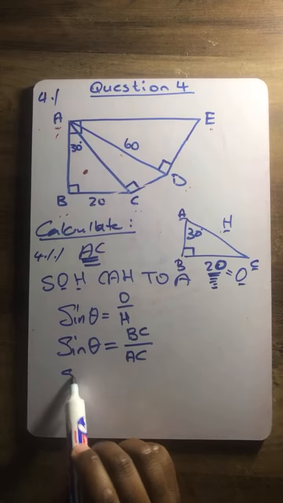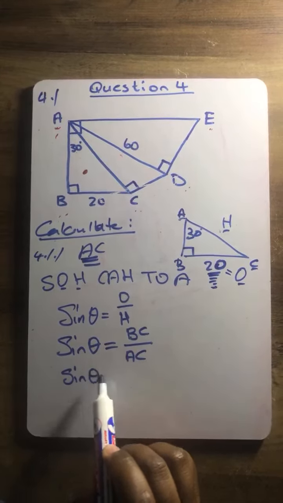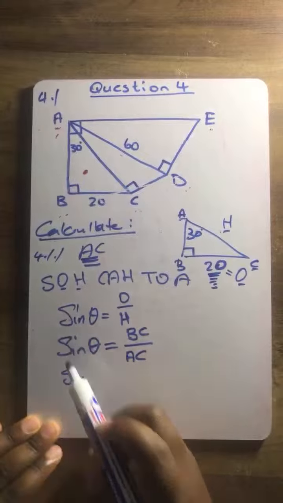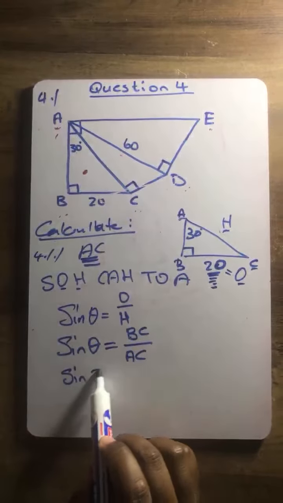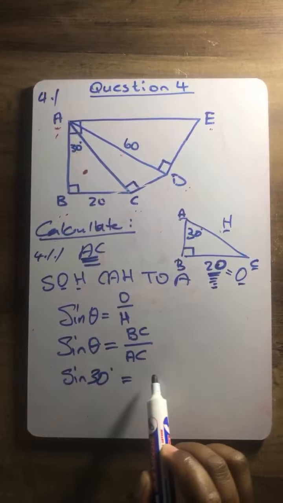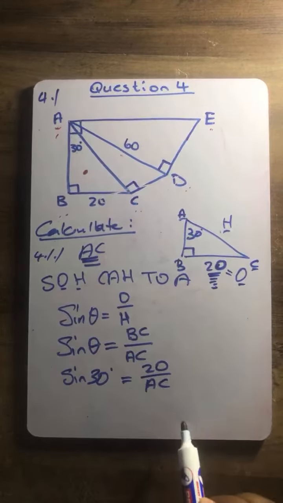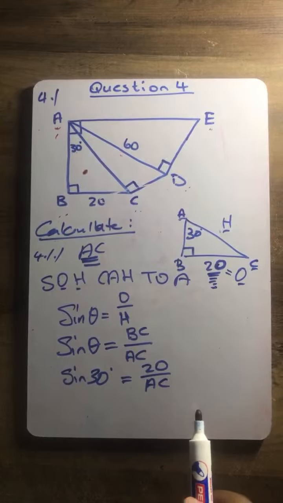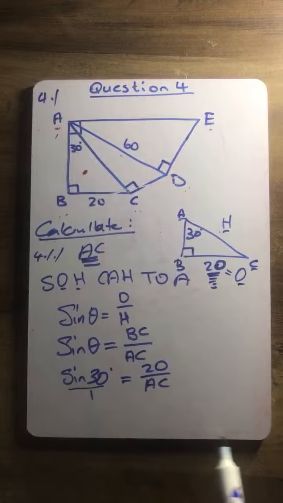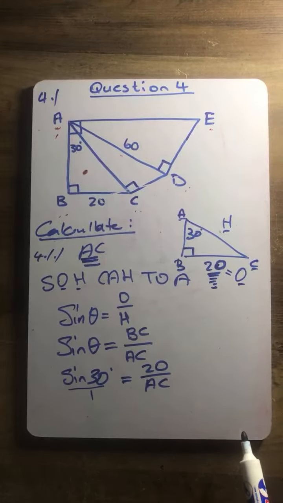Now let's try to substitute. So the sine of our angle, our angle is 30 degrees, equals BC over AC. What is BC? BC is 20 over AC. If you guys remember, I said you need to fractionalize this one on the side.